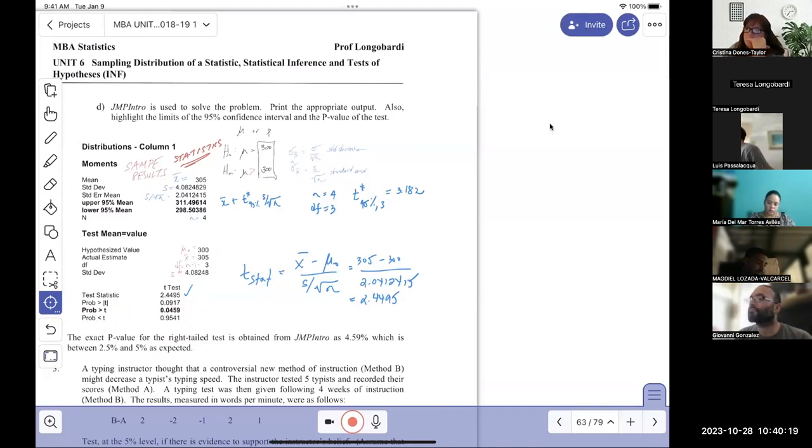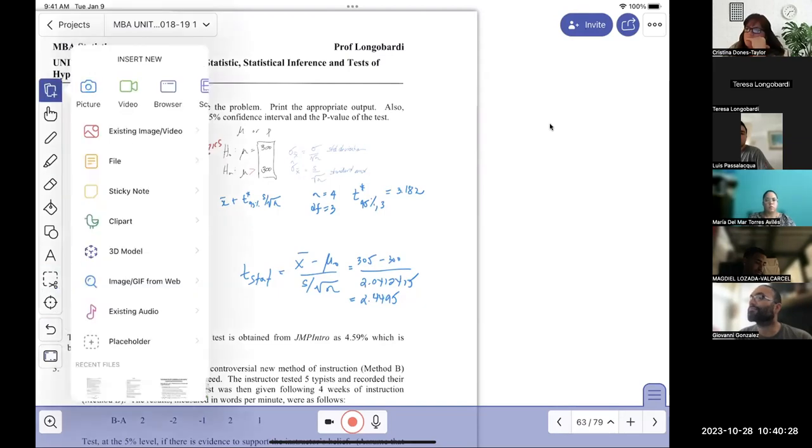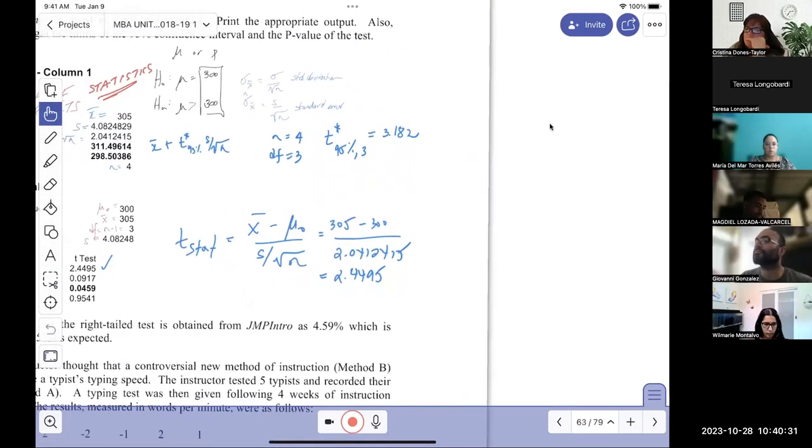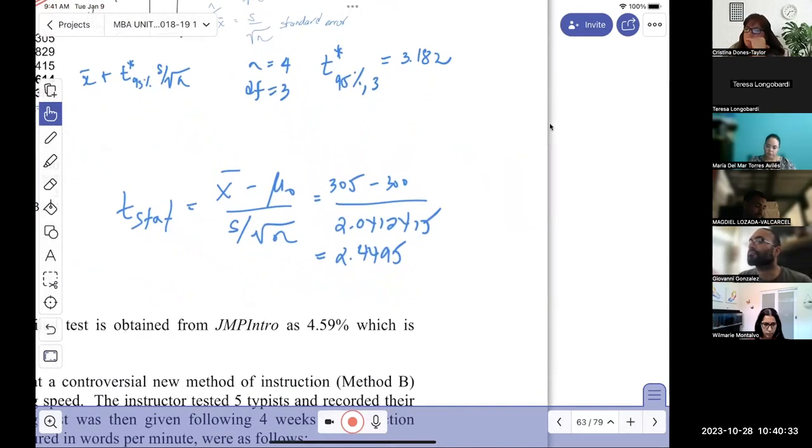So what did we do in class? We draw this, and you put your t-stat on the t distribution. We put the t-stat as 2.4495.